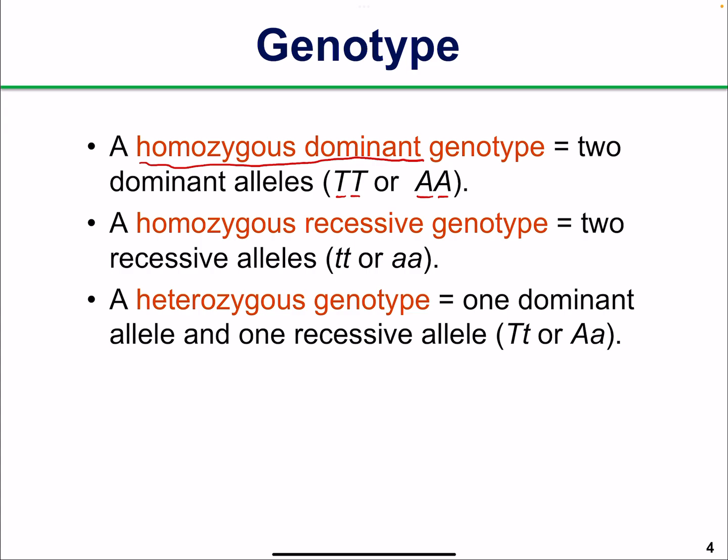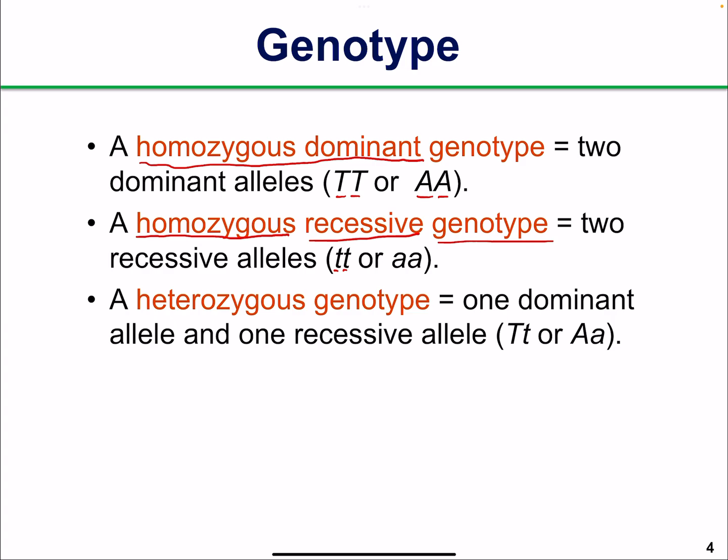Now, the individual can receive one recessive allele from mom and one recessive allele from dad, right? In that case, the individual is homozygous recessive, and that would be the genotype. All right? Okay? So now, what if the individual receives a dominant allele from mom and a recessive allele from dad, or vice versa? Right?